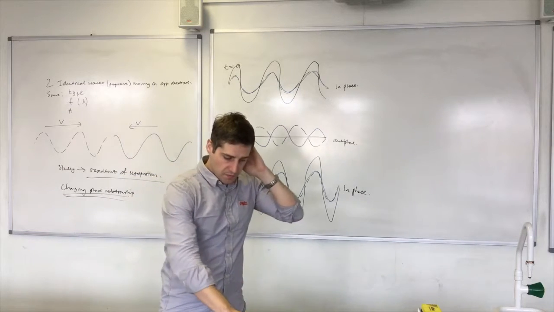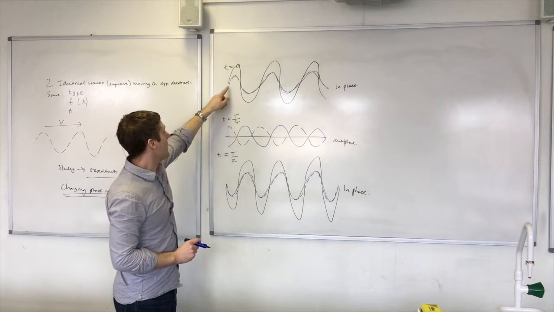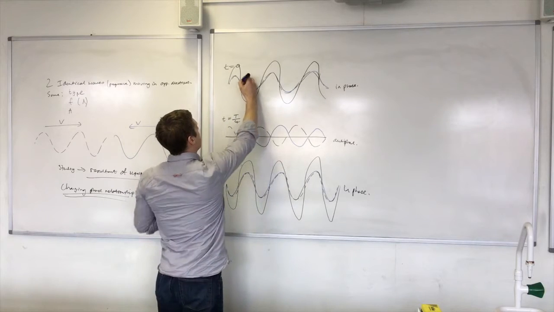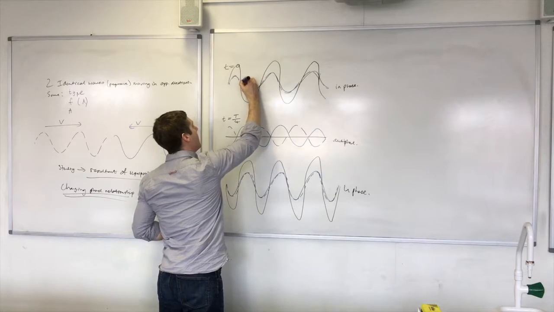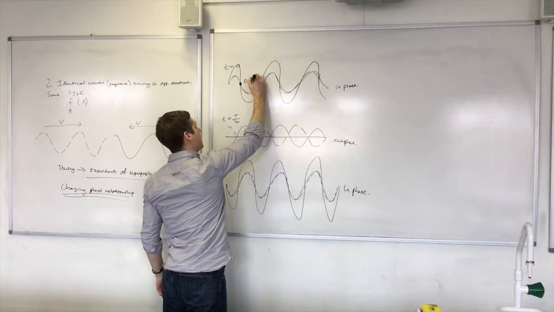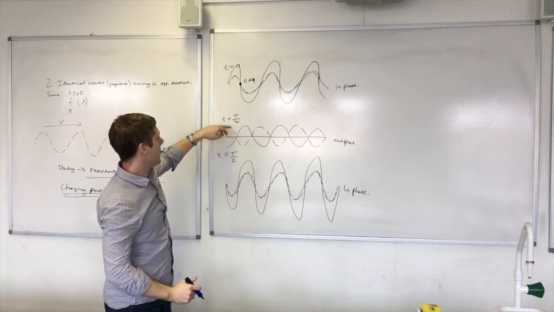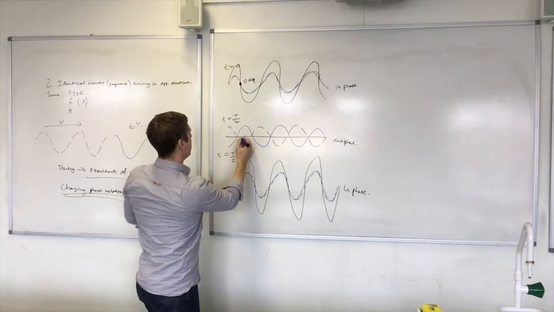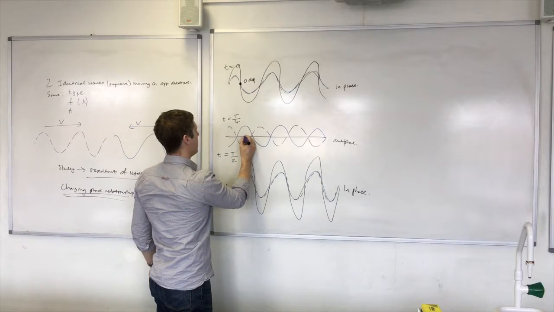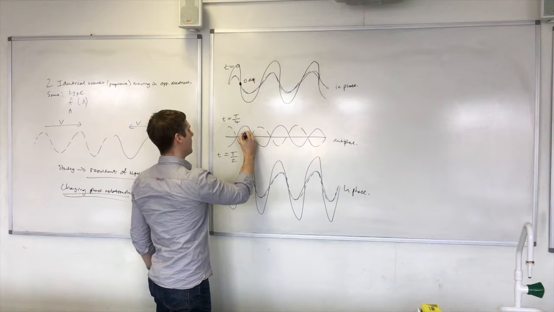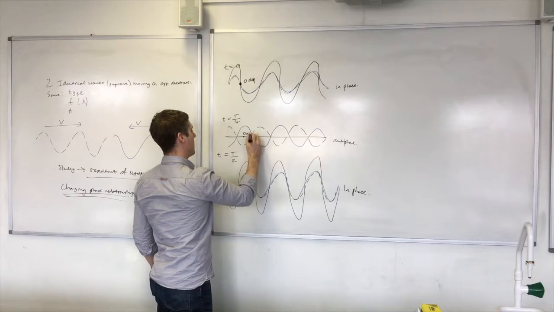So let's look at the features of the standing wave then. Let's look at this point here. This point here is at zero displacement. That point there is, I think that should be around here. Yeah, that is still zero displacement.